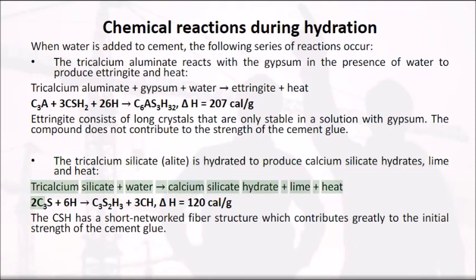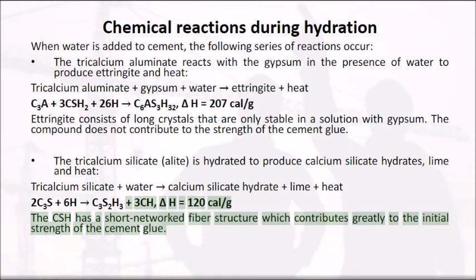Tricalcium silicate and water yield calcium silicate hydrate and lime and heat. 2C3S + 6H → C3S2H3 + 3CH, ΔH = 120 cal/g. The CSH has a short networked fiber structure which contributes greatly to the initial strength of the cement glue.